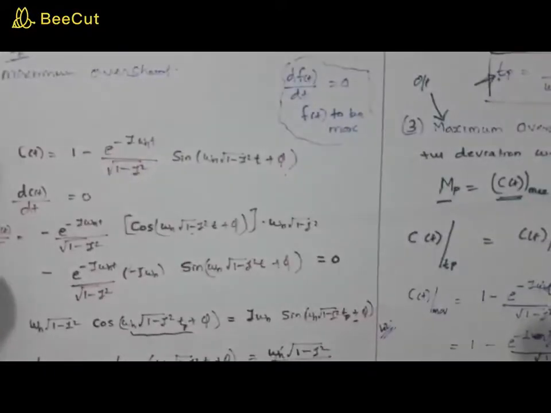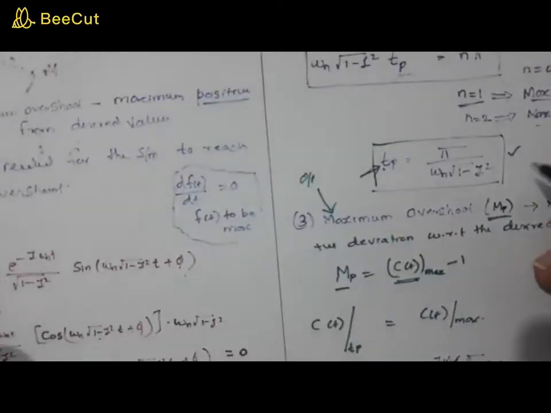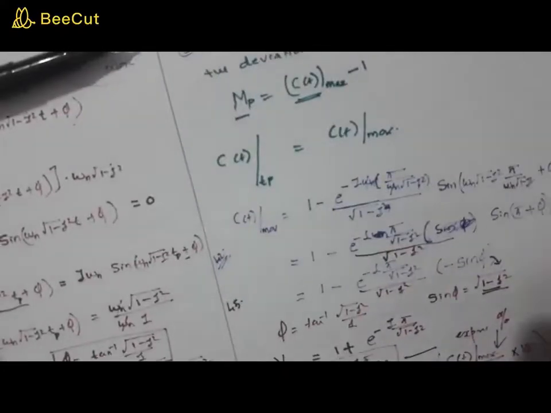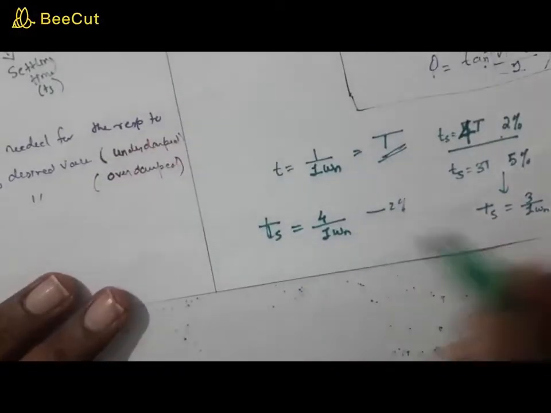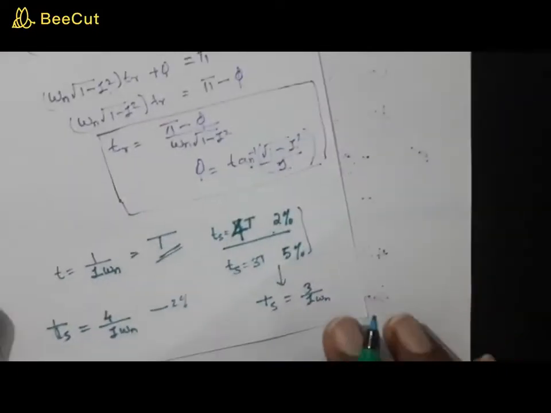So this is your peak time, then you have the maximum overshoot, and finally the settling time, which can be 4 by theta omega n or 3 by theta omega n based on the tolerance that is provided.